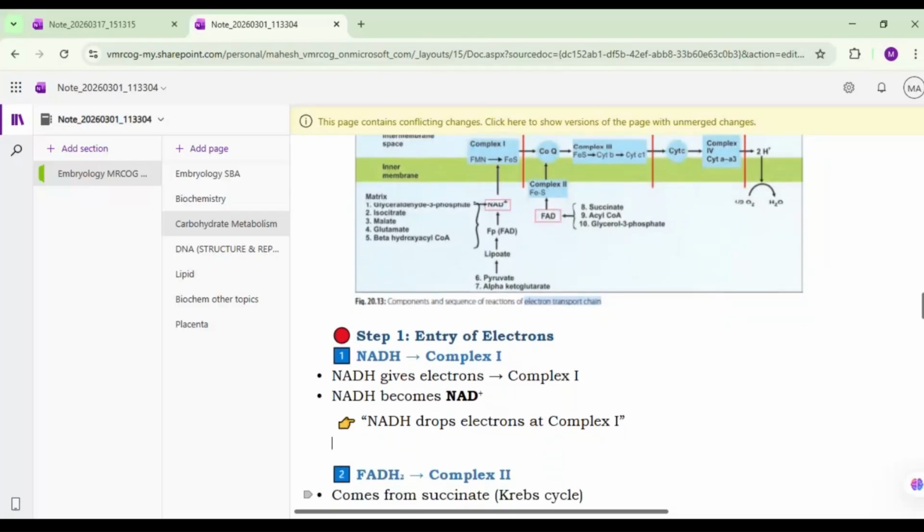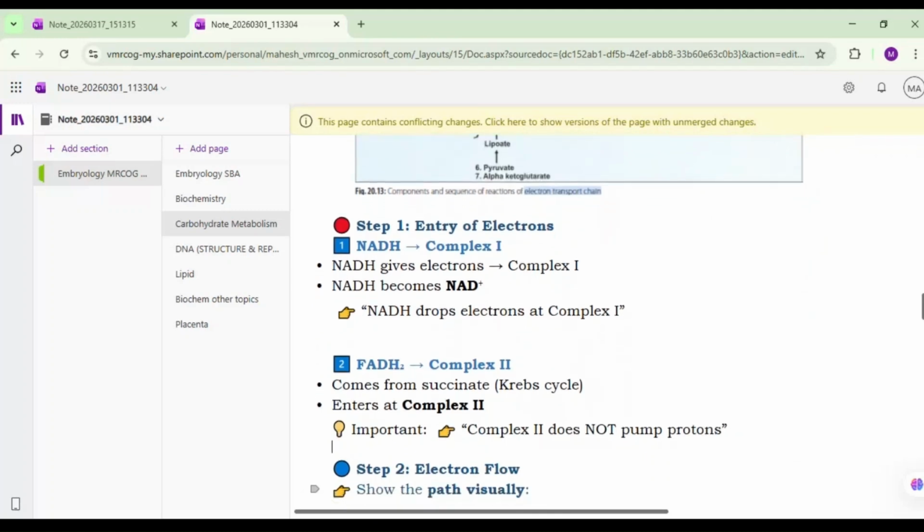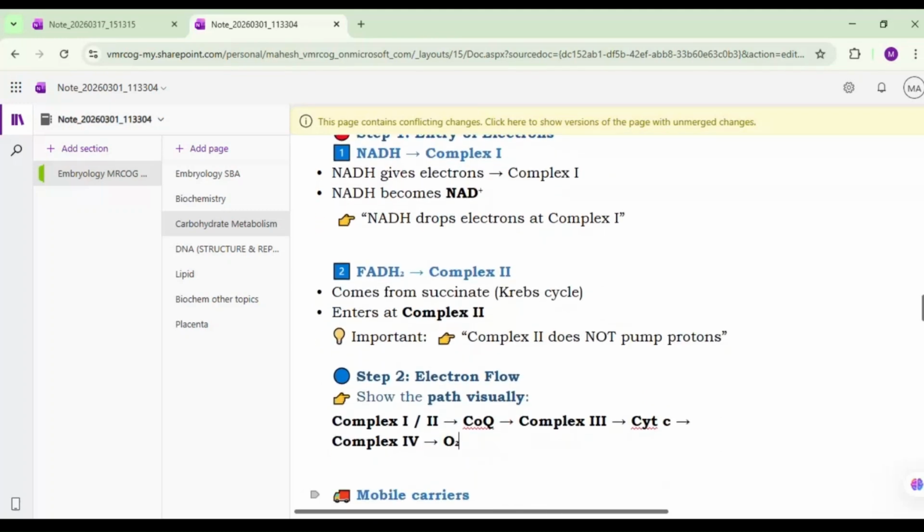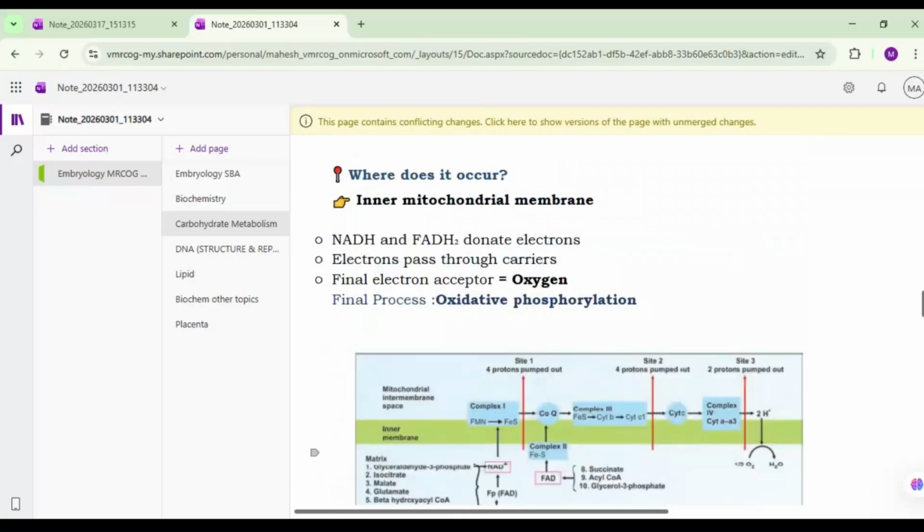Then for complex 2 you have FADH2. FADH2 comes from the Krebs cycle and enters at complex 2. Complex 2 does not pump protons. This is the only site where protons are not pumped even though an electron is getting donated.